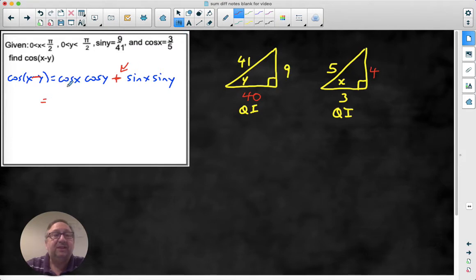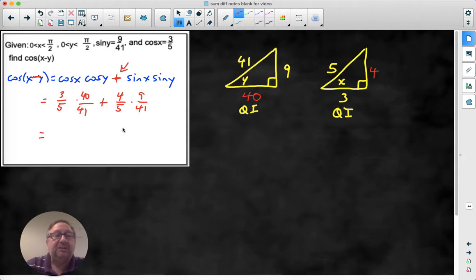Cosine of x given as 3/5. Cosine of y, well, I need the triangle here. The cosine of y, quadrant 1, so positive, 40 over 41. And then we're going to add to that the sine of x, which we have to go to the triangle for, 4/5, quadrant 1, so it's positive. And finally, the sine of y, which is given as 9 over 41.